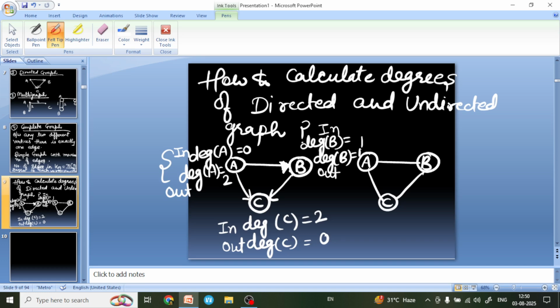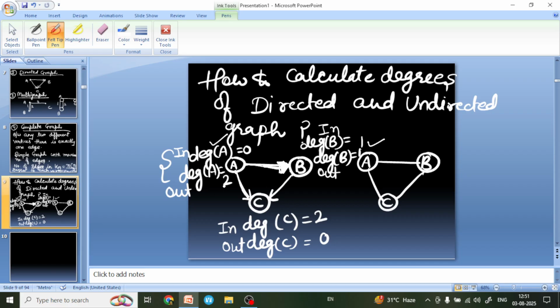From A to B, for A it is out, but for B it is in. So that's why the in degree of B is equal to 1, but the in degree of A is 0. Here A to B and A to C: for these both A is out.